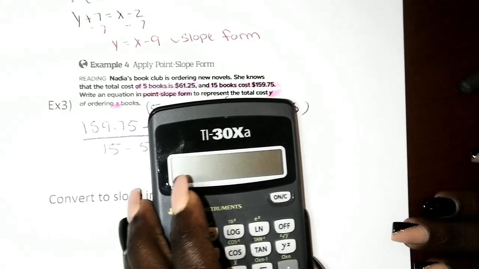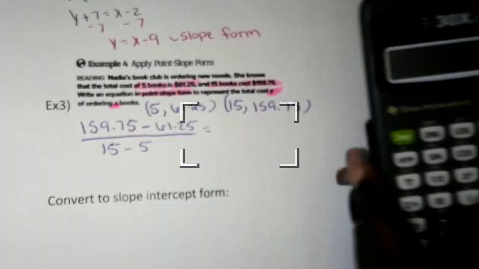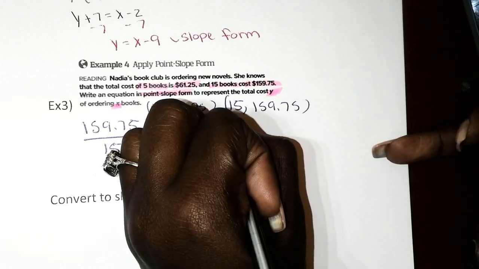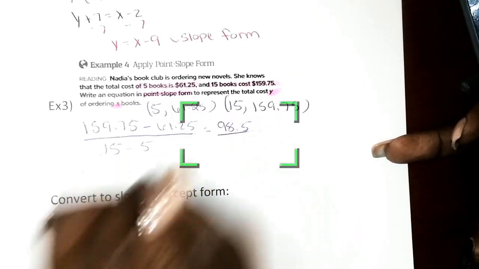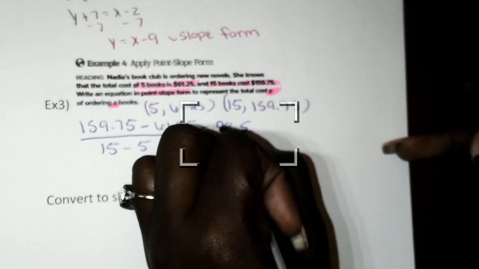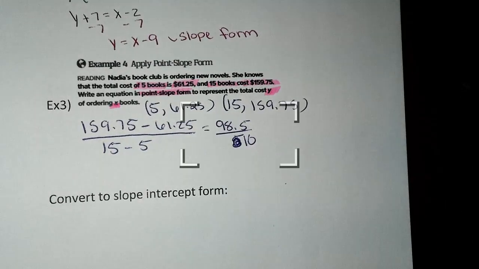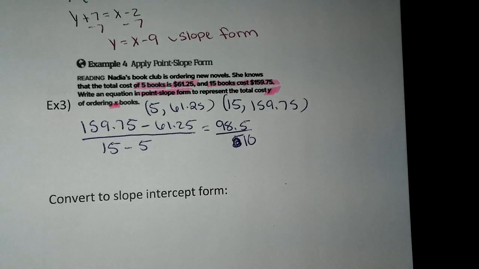In our calculator, if we put these numbers in, 159.75 minus 61.25, we get 98.5, and then 15 minus 5 is 10. I'm sorry, I wrote 5. So then we divide that: 98.5 over 10.